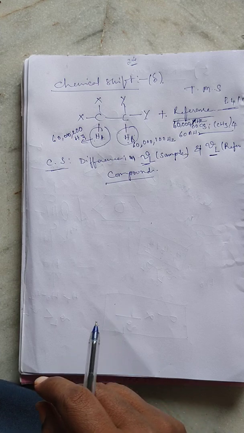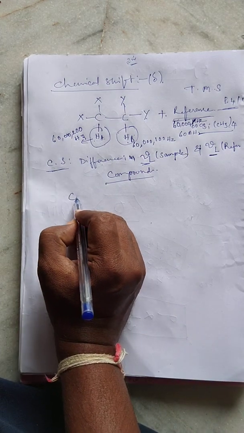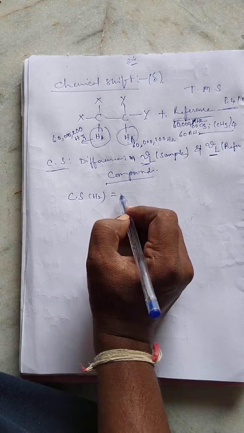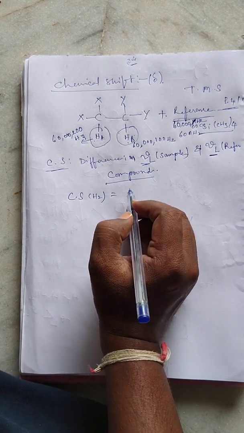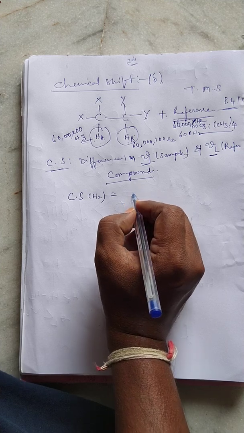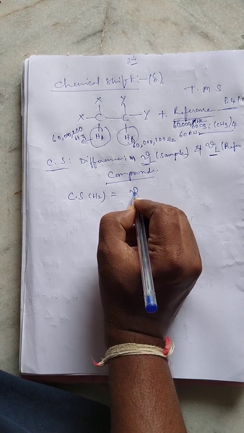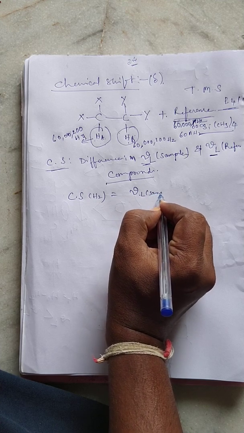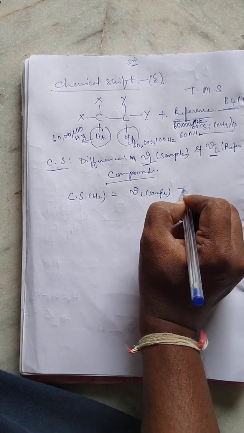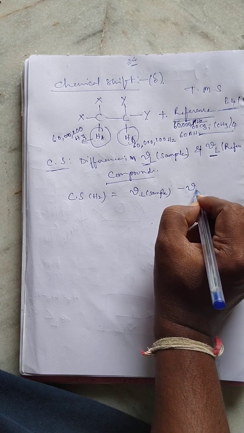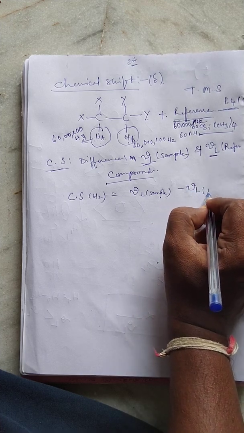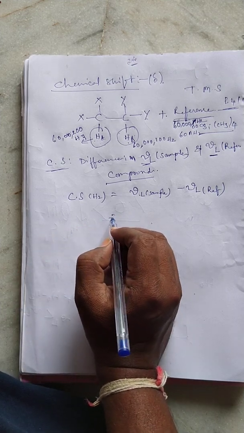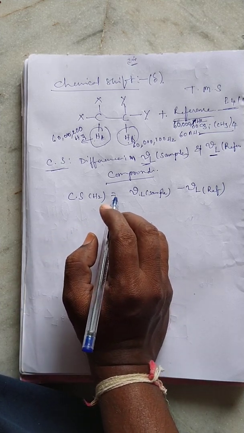So here chemical shift in hertz is equal to the Larmor frequency of the sample minus the Larmor precessional frequency of the reference proton, right? Let us calculate from the above values.